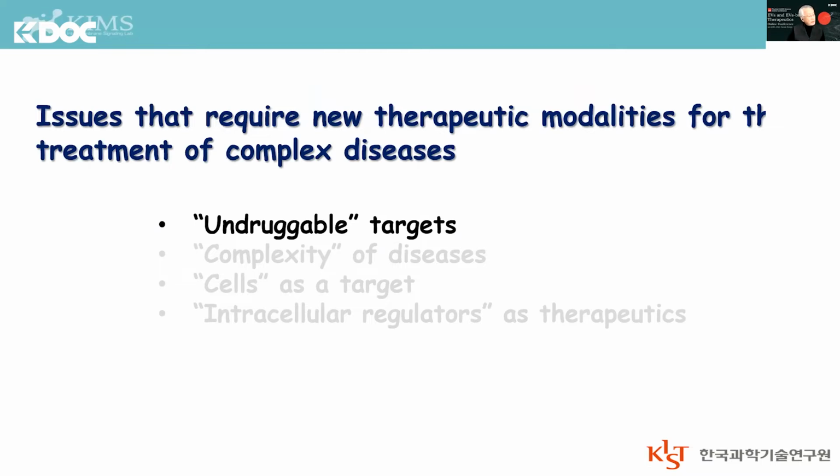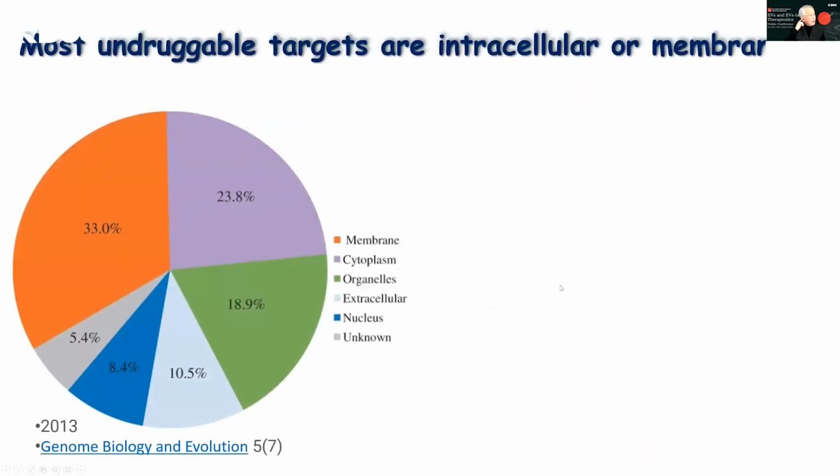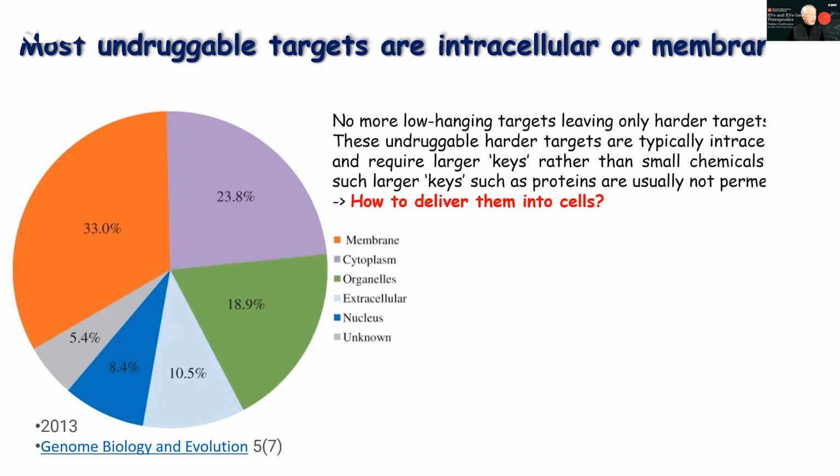The first one is undruggable targets. The most undruggable targets are intracellular or membranous. As you can see in the diagram on the left side, more than 50% are intracellular and more than 30% are membranous undruggable targets. So we do not have any low-hanging targets left so far.